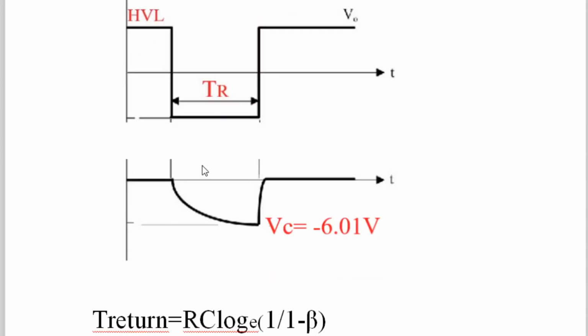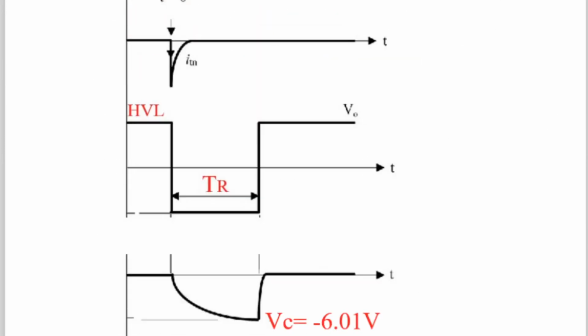See here. The moment you apply the trigger pulse, HVL changes and goes to LVL. As soon as it goes to LVL, the voltage at the anode becomes reverse bias for the diode. The diode behaves as an open switch, and the voltage across capacitor C now goes in reverse direction below zero.